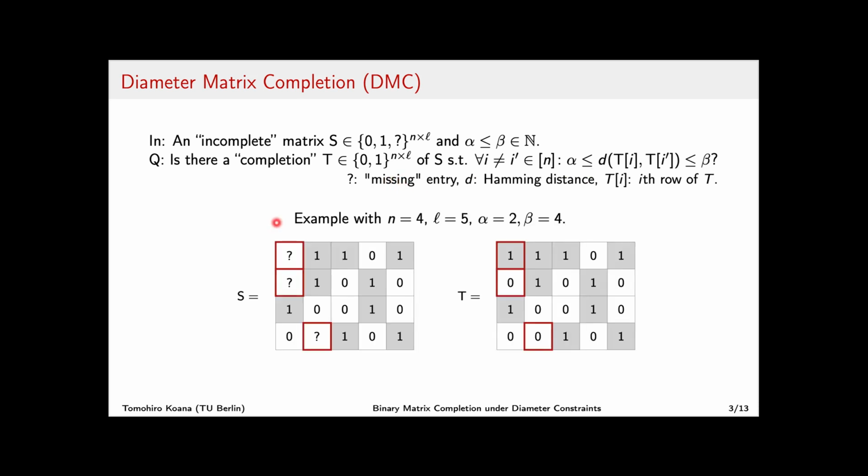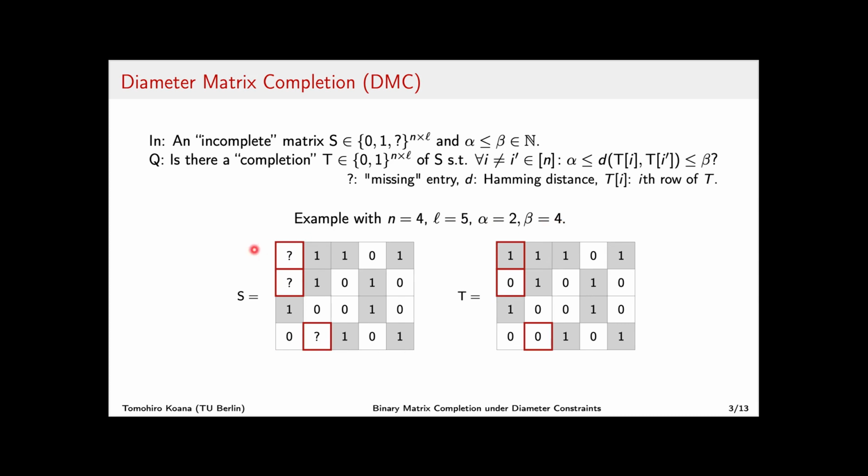Let me show you an example. Here we are given an incomplete matrix S with 3 missing entries, which are marked in red. And S has 4 rows and 5 columns. And additionally, we are given alpha equal to 2 and beta equal to 4.